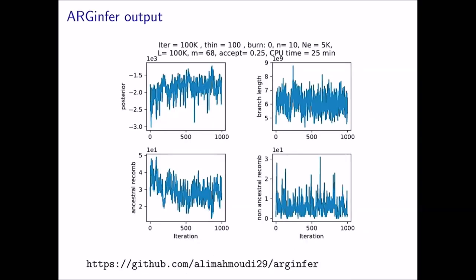This is output from our ARGinfer. These are plots you can use to diagnose when a Metropolis-Hastings algorithm is doing well. In an ideal world, they would be just homogeneous blobs. You would see no autocorrelation structure in these blobs at all. That's not quite the case here. Had we run these for 10 times longer, it would probably have come out that way. But it's supposed to give you a sense of the scaling of this algorithm.